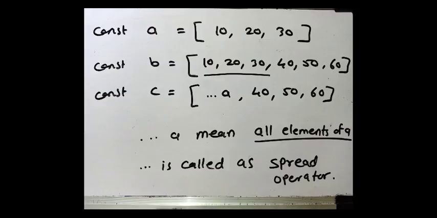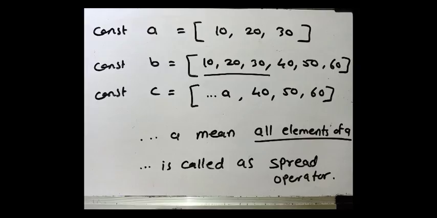I have an array const a equal to 10, 20, 30. I want another array b having repeated values of 10, 20, 30 plus some new values like 40, 50, 60.